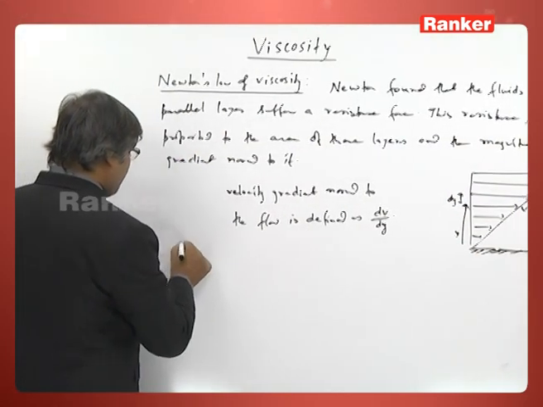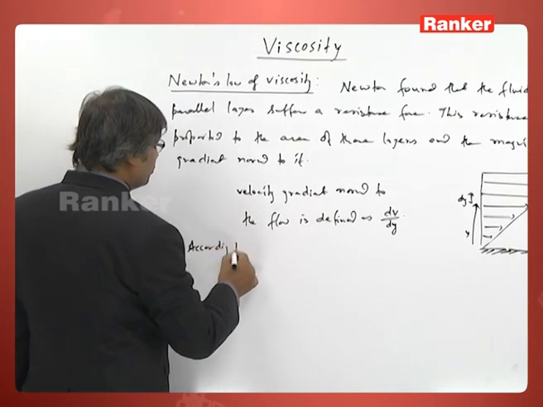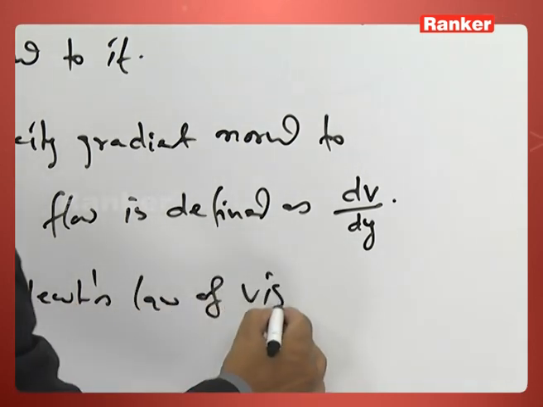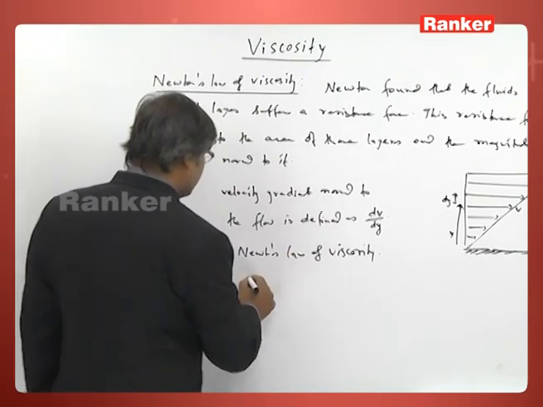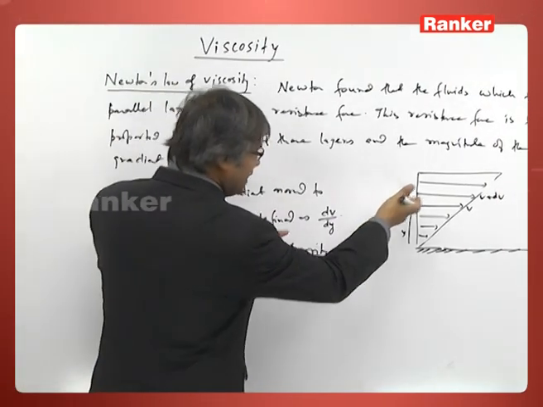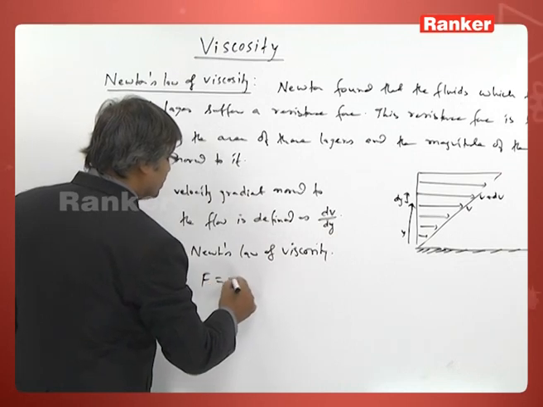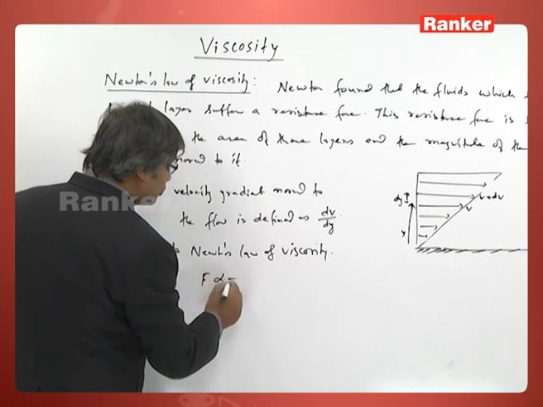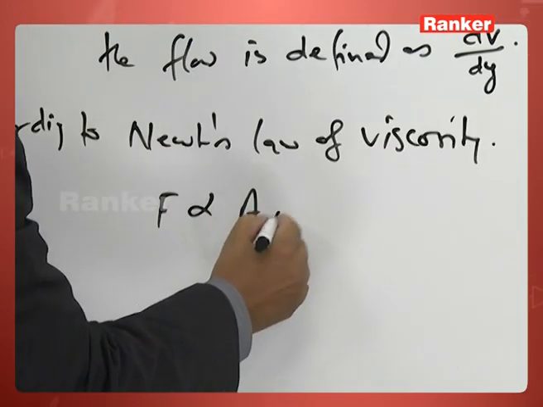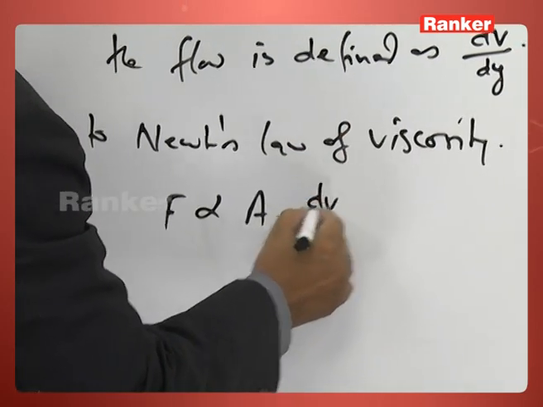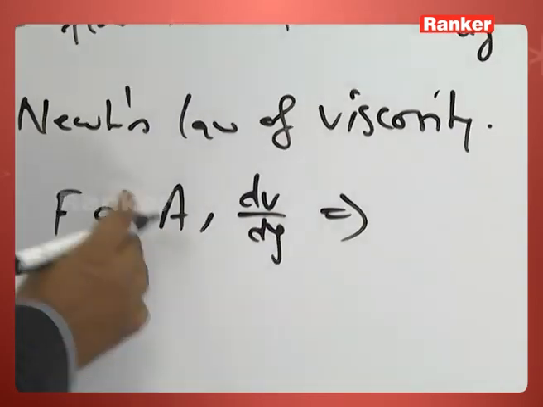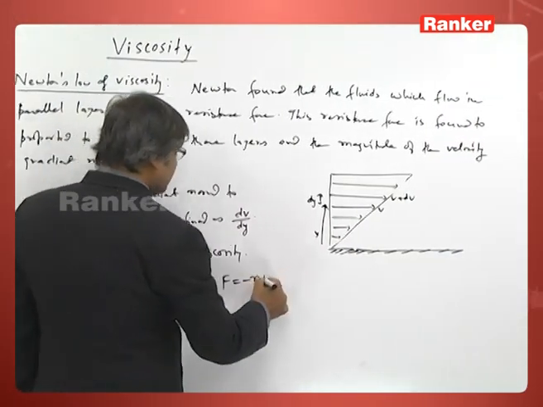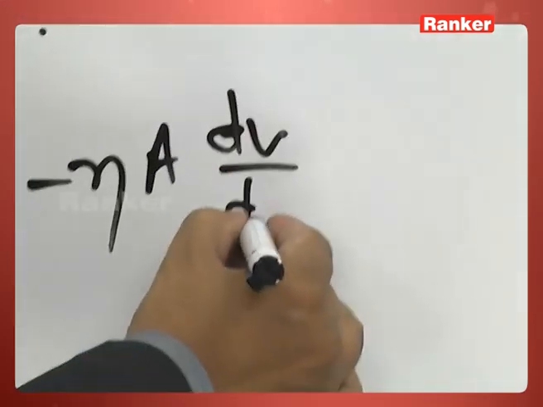So, according to Newton's law of viscosity, the force of friction between the two different layers is proportional to the area and this gradient, that is dv by dy. Using the proportionality constant, F is equal to minus eta A dv by dy.